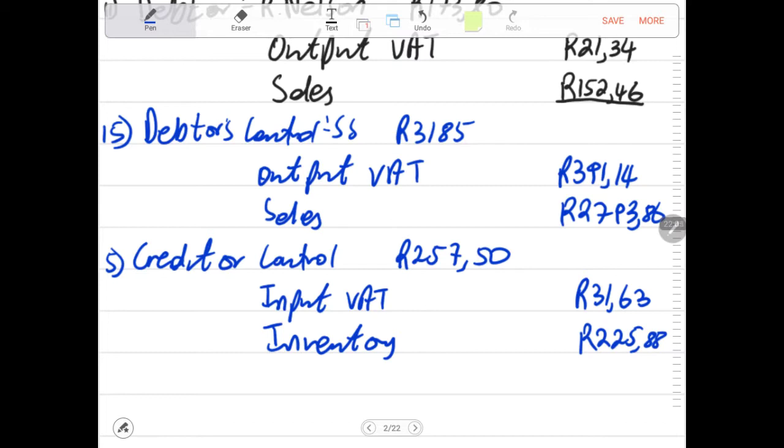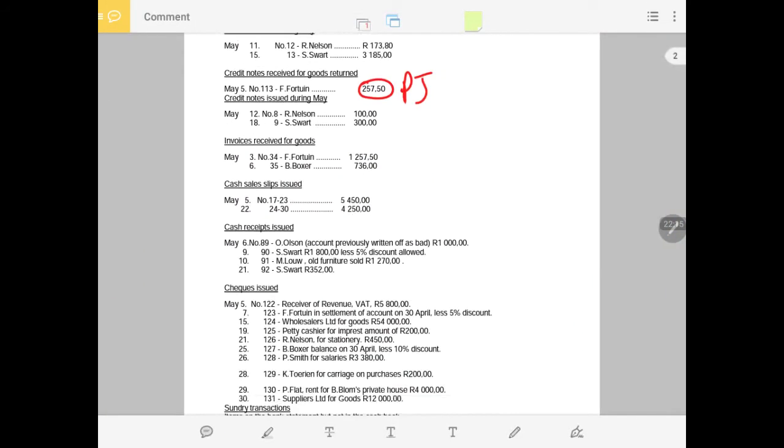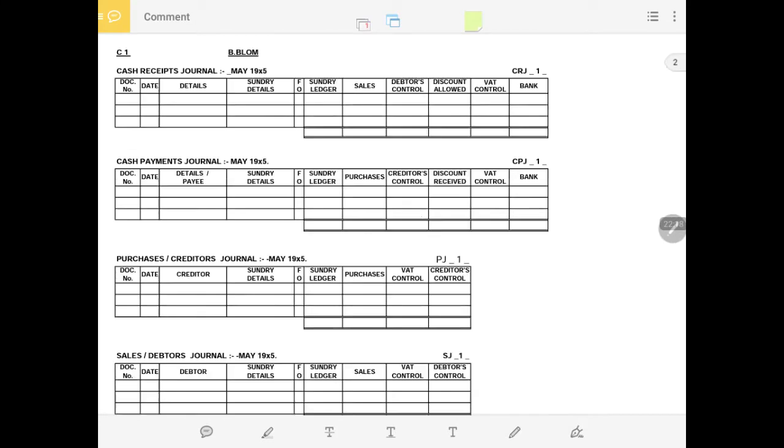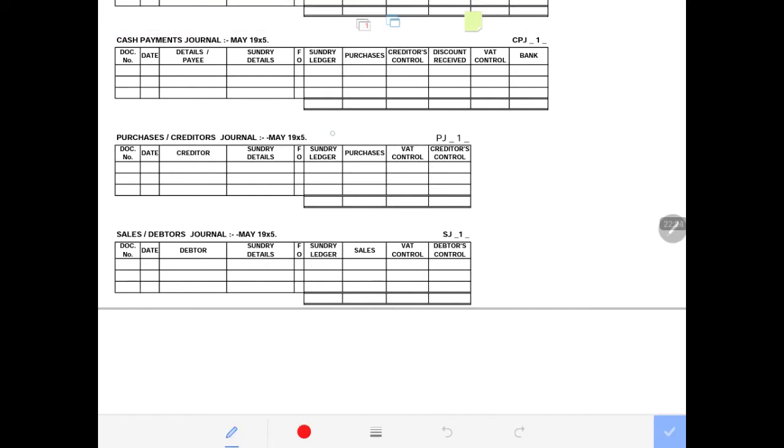We need to record this in our purchases journal, meaning where we purchase inventory on credit. Some institutions will have a separate journal for this, called the purchases journal return, but other institutions don't have a separate journal and just combine all the figures in one transaction.